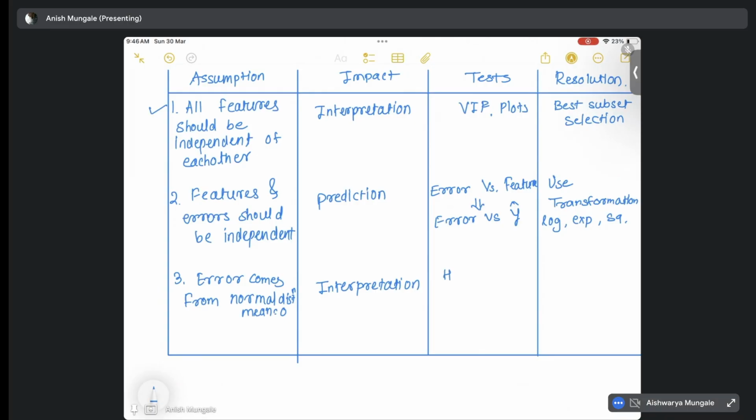Yeah, histogram. And another one was QQ plot. For this resolution, yes, same thing, transformation.